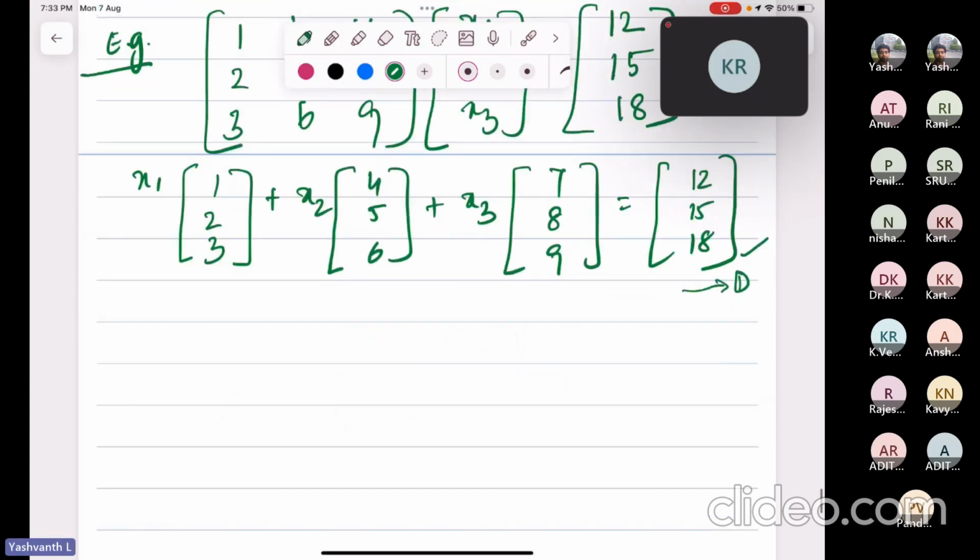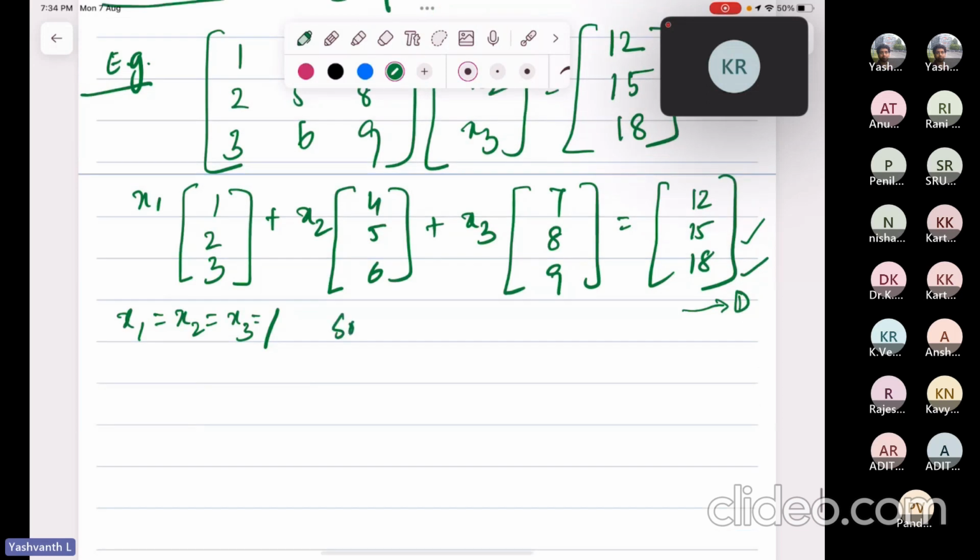You can just see that if x1 equal to x2 equal to x3 equal to 1, meaning I just add up all the column vectors, I will get back my observation vector b, 12, 15, 18. So basically the solution is 1, 1, 1.